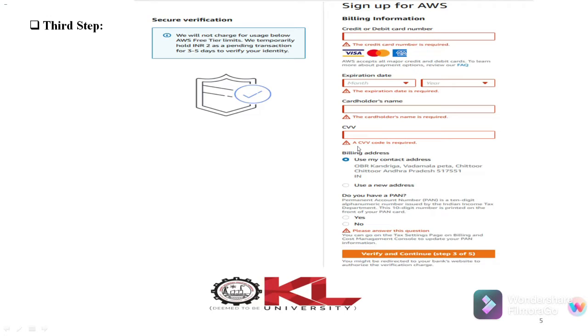Third step: the AWS services we are going to get are generally chargeable. So for security reasons, they ask users of AWS services to enter their credit card or debit card details: the number on the card, the expiration month and date, the cardholder name, and the CVV which appears on the back of the card.